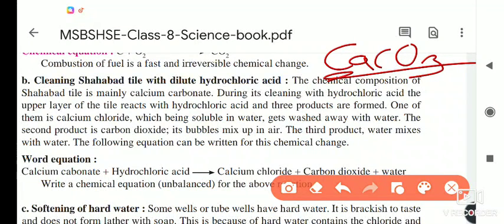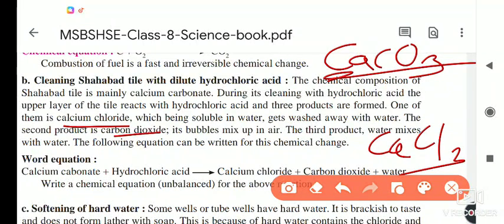During cleaning with hydrochloric acid, the upper layer of the tile reacts with hydrochloric acid, and three products are formed. Which are those three products? One is calcium chloride, CaCl2, which is soluble in water. This calcium chloride is soluble in water and gets washed away with the water. The second product is carbon dioxide.